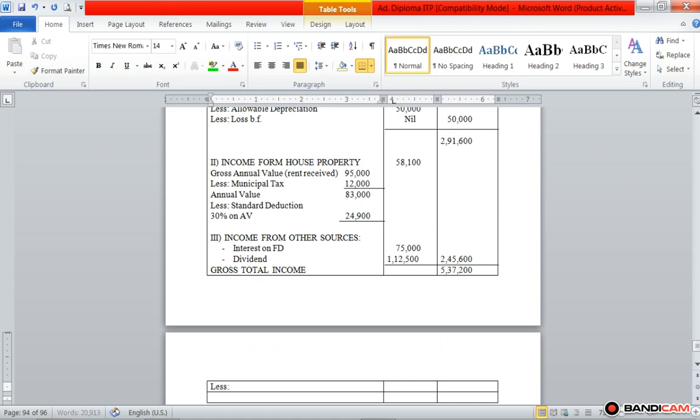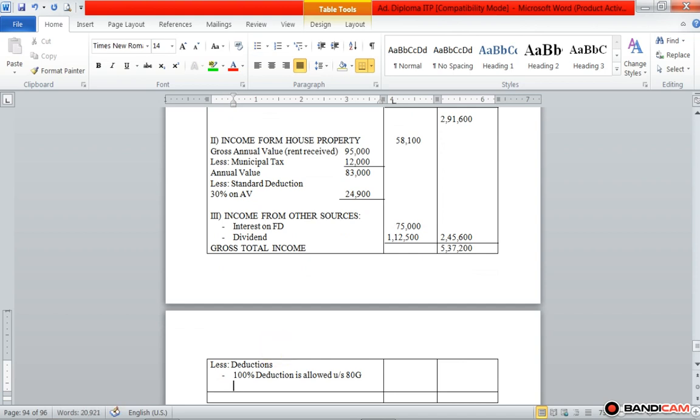Then we deduct, less deductions. So here 100% deduction is allowed under section 80G.